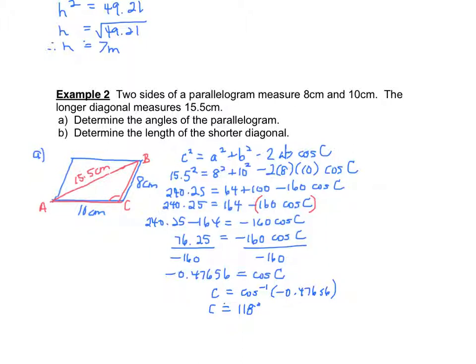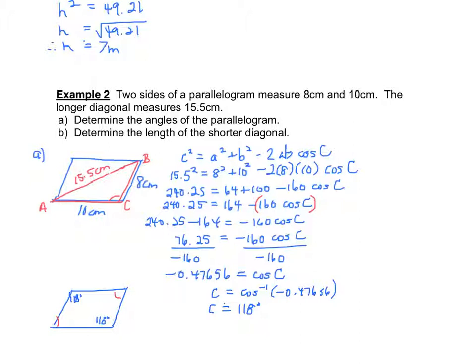Okay, so let me just draw a new picture here so I don't get too confused in the other one. So now we're saying this angle at the bottom is 118 degrees, which means this angle at the top is also 118 degrees. So now we need to find the measure of these two angles.